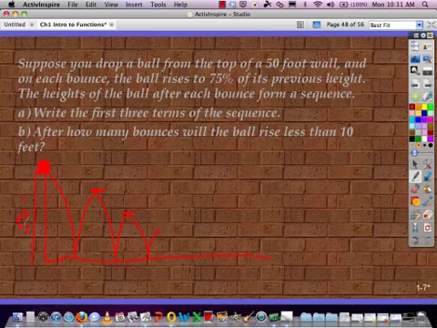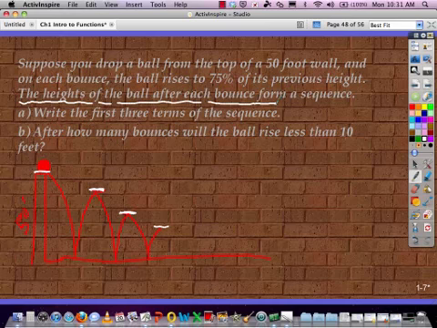Now, again, we started at 50. So your key piece, in order to get this sequence, they ask the heights of the ball after each bounce form a sequence. So the question out there is 50 part of the sequence? Are these part of the sequence, etc., etc.? Or, because it says, I think this is the key piece, the height of the ball after each bounce.